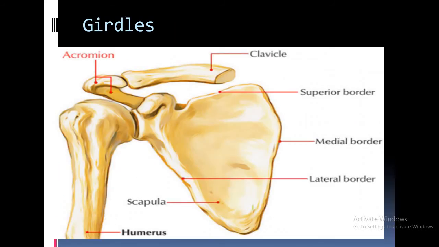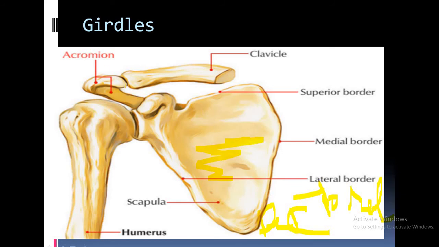Now we have to see about the girdles. The upper girdle is known as the pectoral girdle. This pectoral girdle is formed of the clavicle towards the ventral side and the scapula, which is a flat bone at the dorsal side.